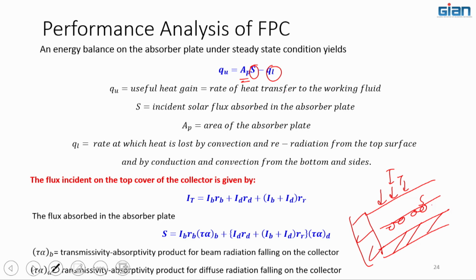So slowly you learn this flux incident on the top cover is something like IB RB. IB stands for beam radiation, RB is a parameter of the way your system is placed, at certain angles with respect to the horizontal surface. Okay, it's a tilt. Okay, so this is diffuse radiation.